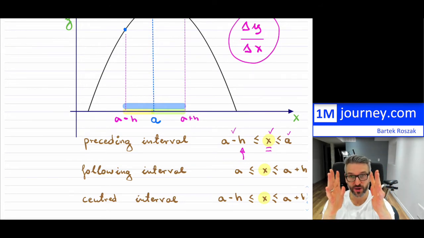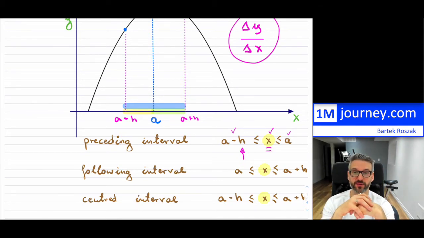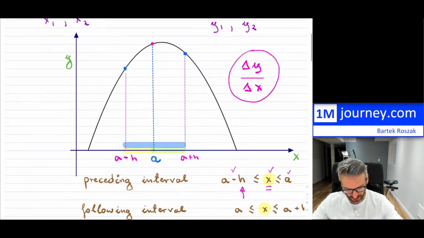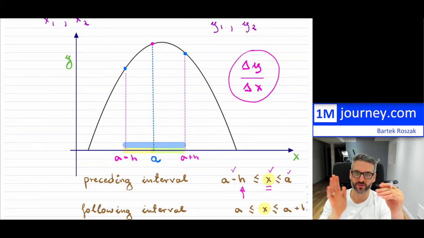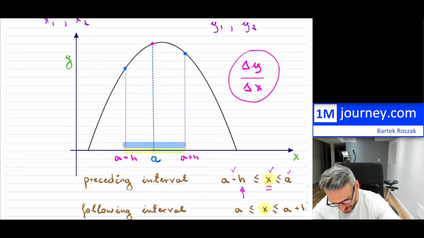And as you make it smaller and smaller, you can now find the rate of change and approximate as much as possible. Now, what we might typically do, and you might do this in your classes with your teachers, is take the preceding interval and then the following interval separately, and average them out. You're going to have two rates of change, because each interval has 2 points, so you can find a rate of change, which would have been the secant that goes through those points.